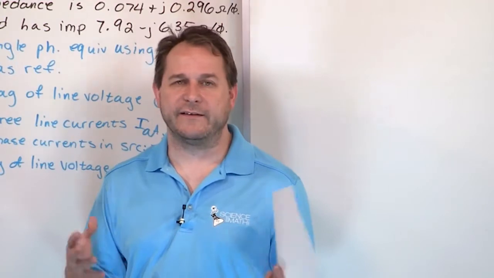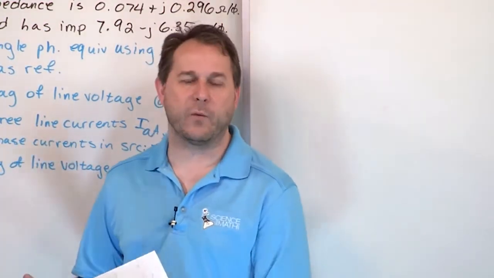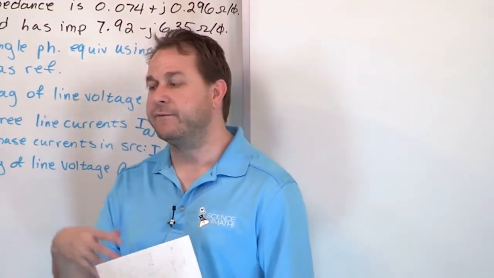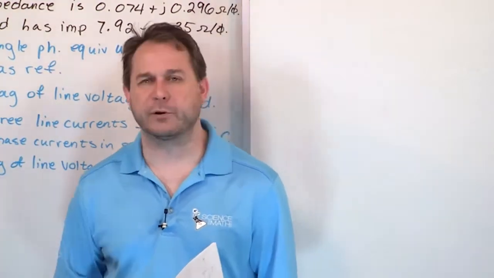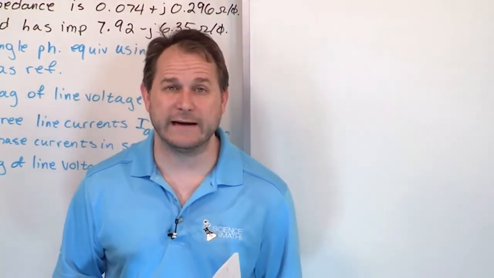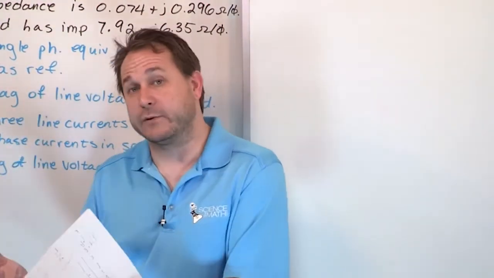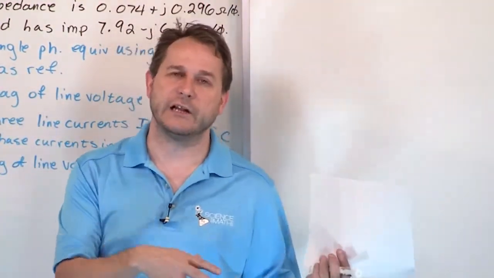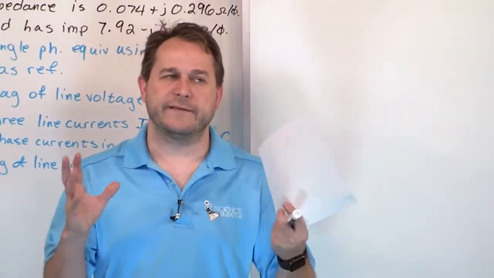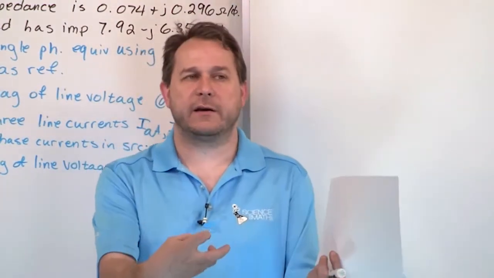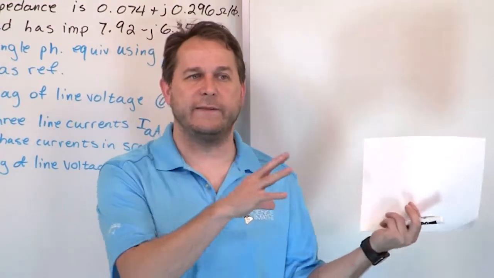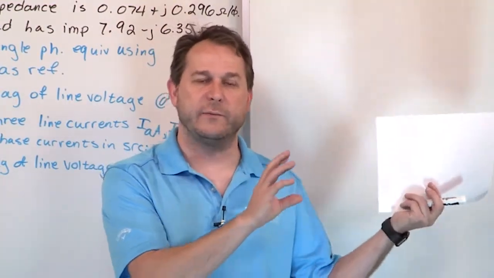Now what you need to realize is that we have already done all of the YY problems in the past, and we've introduced and done some simpler problems with the delta source. Now we're putting it all together, so some of this problem is going to be dealing with the delta source, some of it with the load end of the problem. The stuff that you've learned in the past is all going to be brought to bear because we're going to be doing voltage conversions in the way that we've done them in past problems.